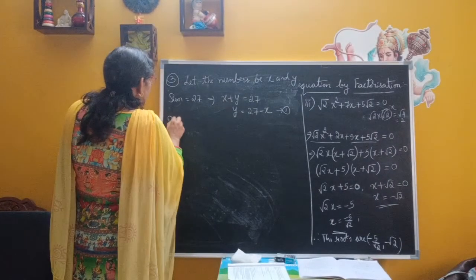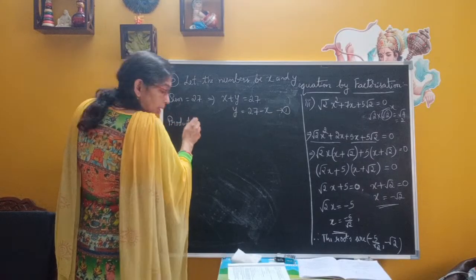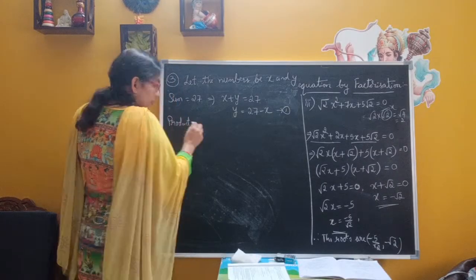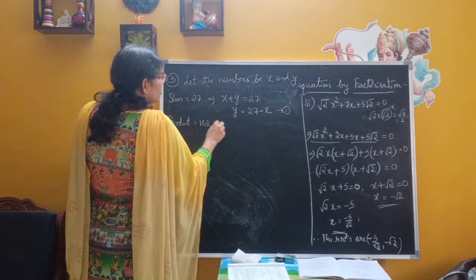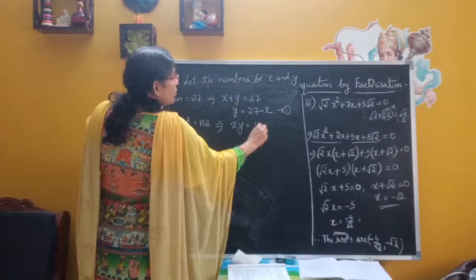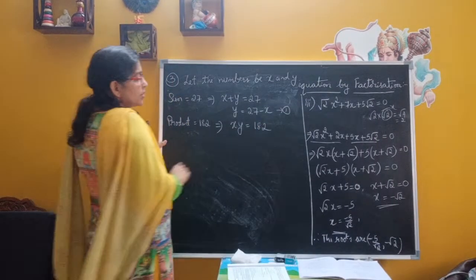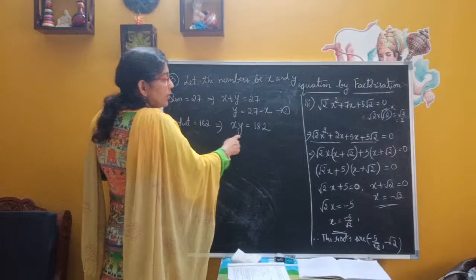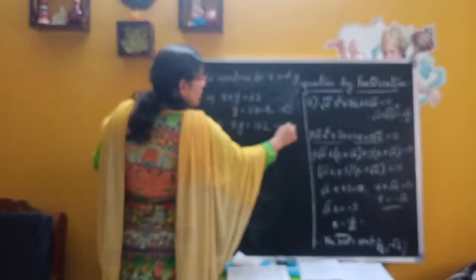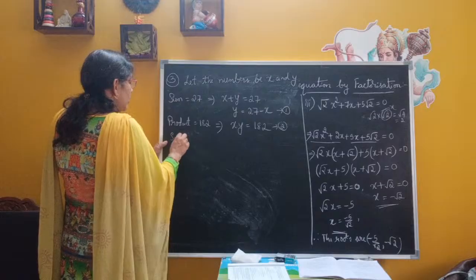Next, product is how much? Product is 182. So we can write x into y, or xy, is equal to 182. Now what to do with this equation? Let us substitute the y value here in the second equation.